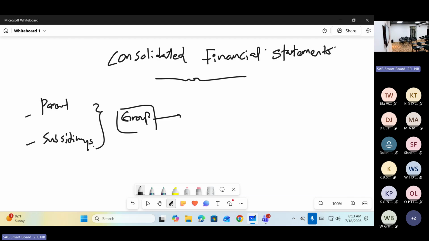Then we understood all these four words: consolidated financial statements, parent, subsidiary, and group. Those are the definitions given in the standards.